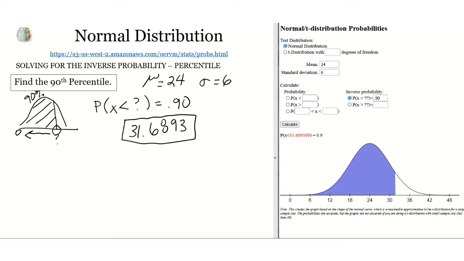This answer in red is telling me this X value right here where the purple and the white meet. That is the X value that will give me a 90th percentile probability, and the 90% probability is this purple shaded area. So this unknown value here is 31.6893.